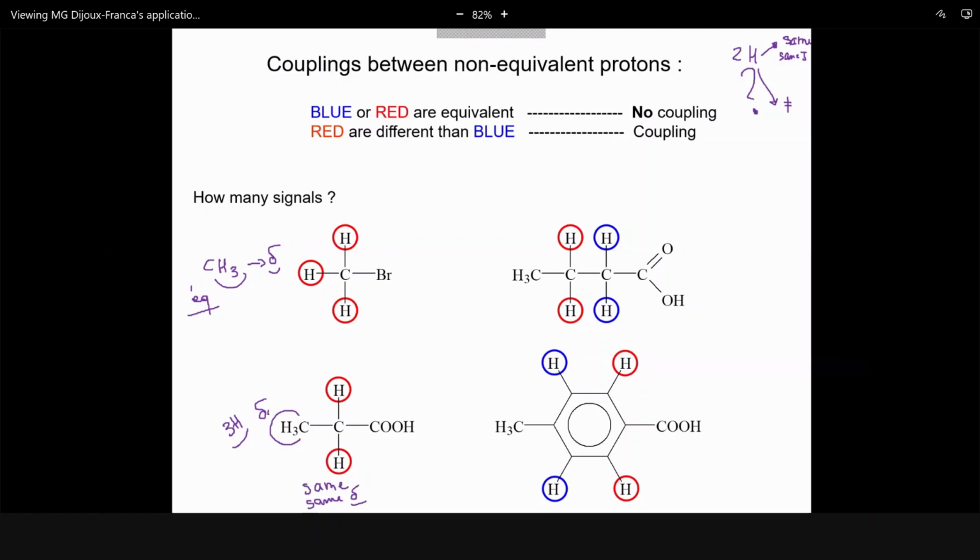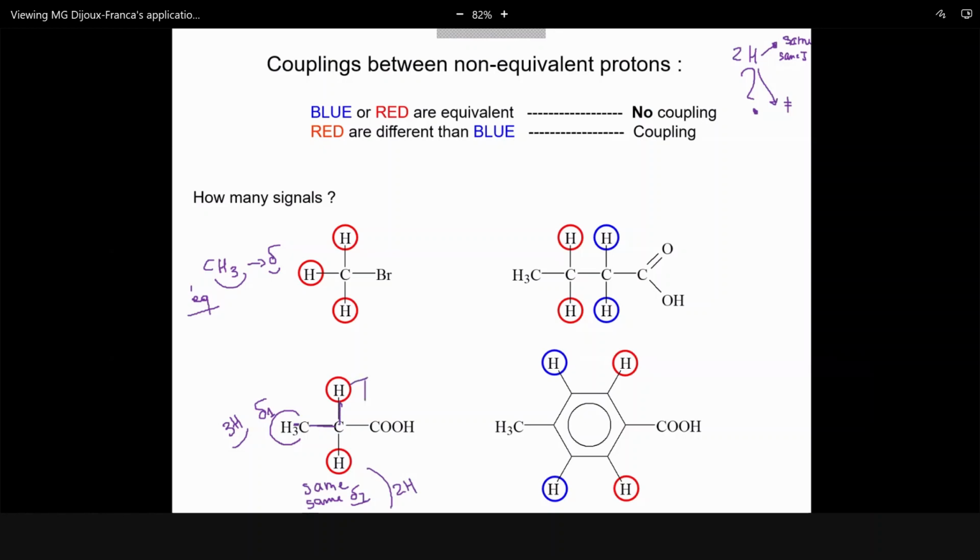So we will have one chemical shift for that one and a second one for both of them. We will have an integration for 2 protons. And as they are close together, here we have a J3, then we will observe a multiplicity.